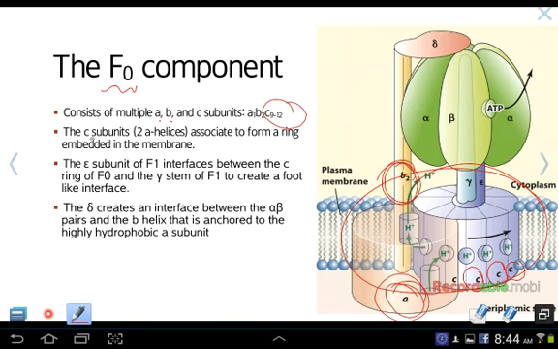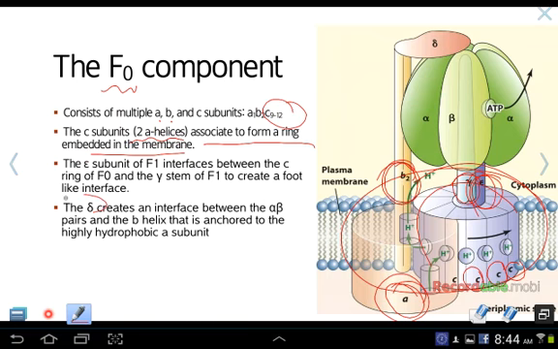The C subunit consists of 2 alpha helices that associate to form a ring, as we see here, that's embedded in the membrane. The epsilon subunit of F1 interfaces between the C ring of FO and the gamma stem of F1 to create a foot-like interface.